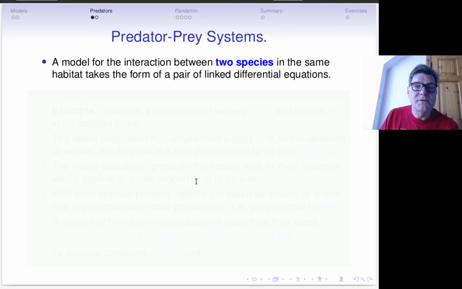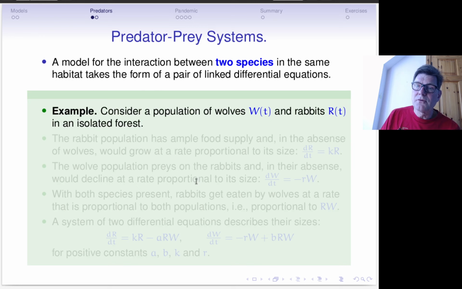They interact with each other, and this interaction can be described by a pair of linked differential equations. So, for example, let's consider a population of wolves, W, and rabbits, capital R, that share a forest habitat.